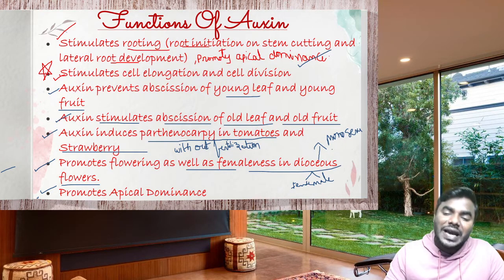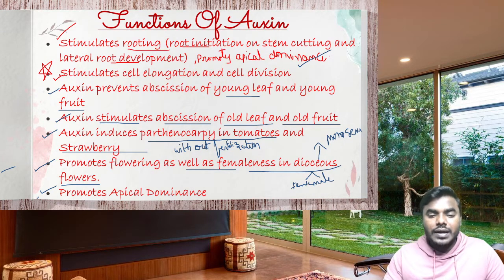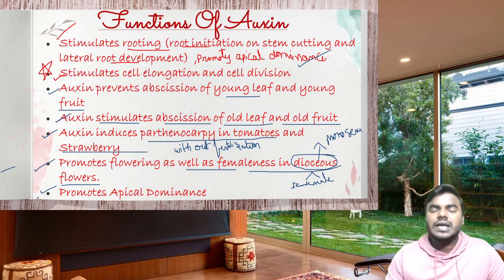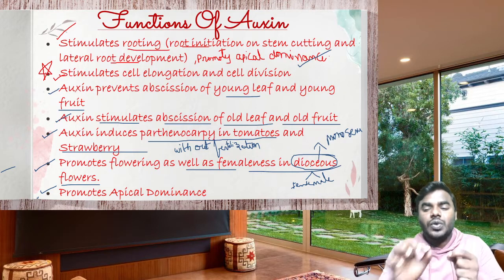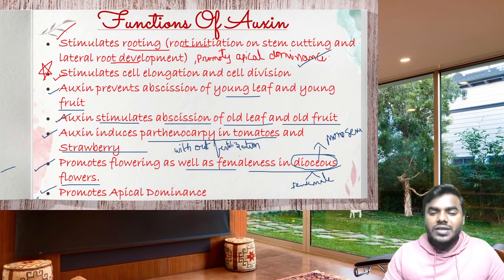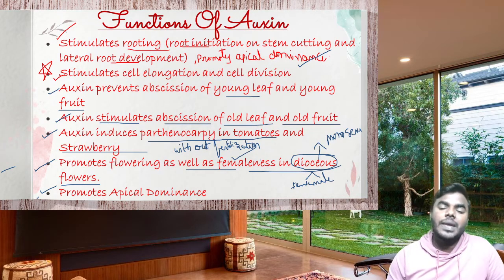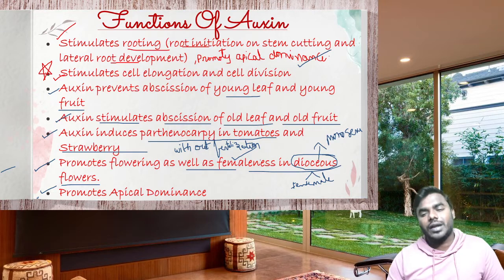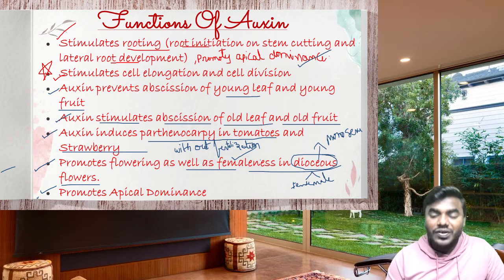Monoecious means bisexual. Here, what is the point? Auxin promotes flowering as well as femaleness in dioecious flowers, which means in a monosexual plant the auxin will help in the development of female characteristics when compared to the male characteristics. That's the point I want you people to remember without fail.